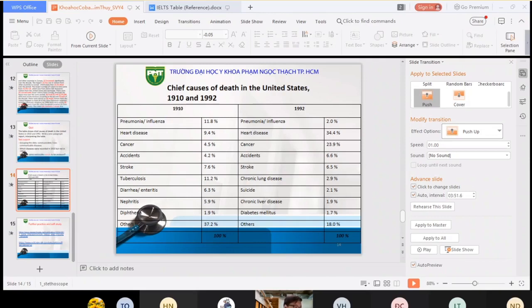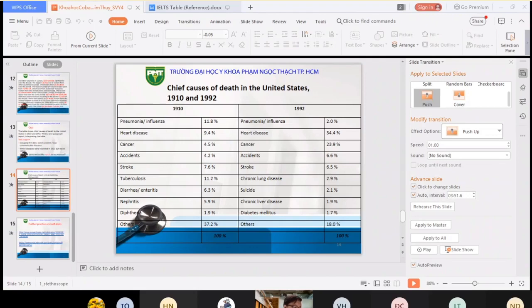And here you can see different causes are mentioned here, from pneumonia, influenza, heart disease, cancer, accident, stroke, tuberculosis.